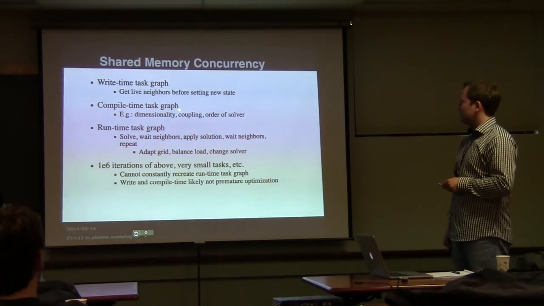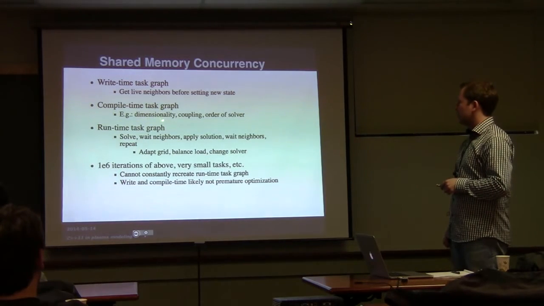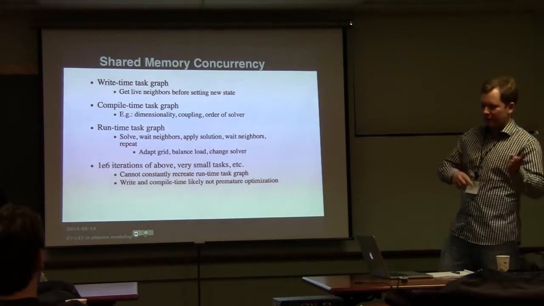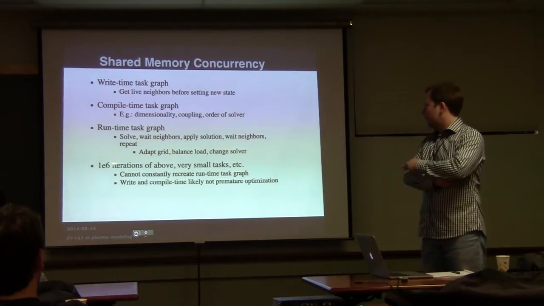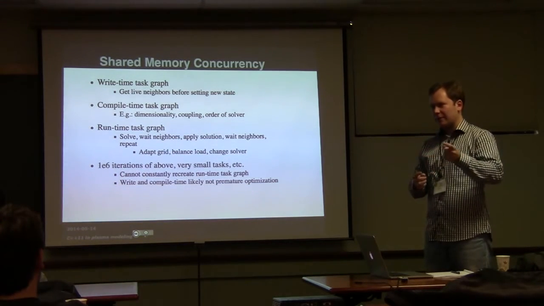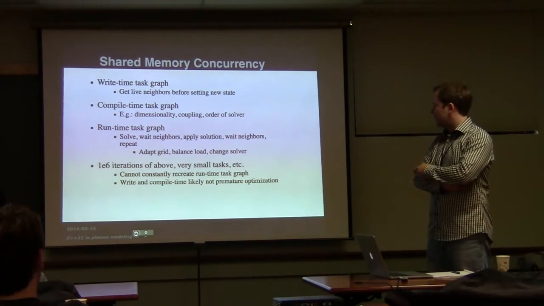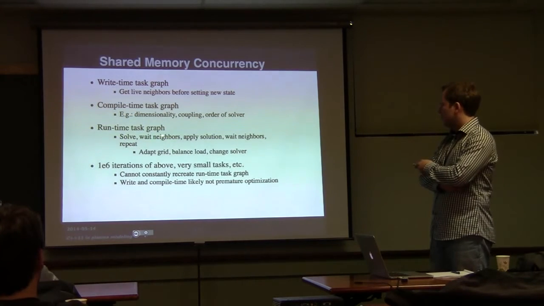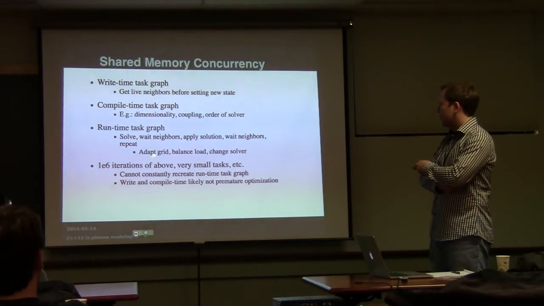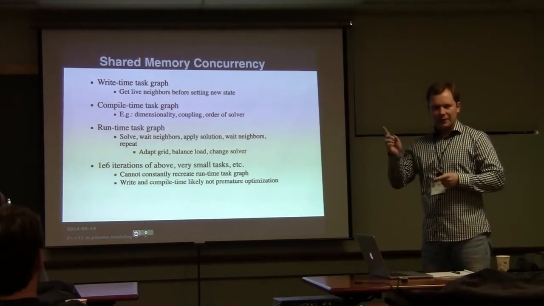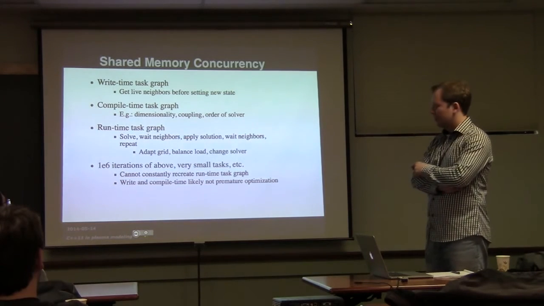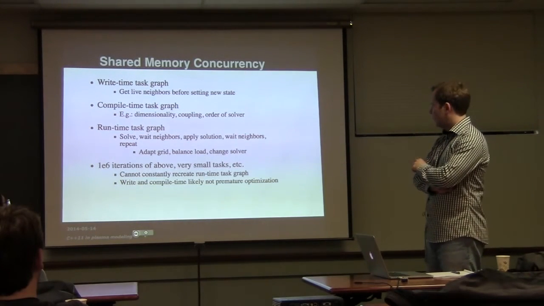And then you might have some compile time task graph also, for example the number of dimensions or how you coupled the different equations or stuff like that. And then you have the runtime task graph of actually which cells you have and what their neighbors and sizes are and stuff like that. So all of wait, apply, wait, and repeat. And then somewhere in between you adapt the grid and maybe move some cells to different processes to make the system run faster, and then maybe change the approximation also.